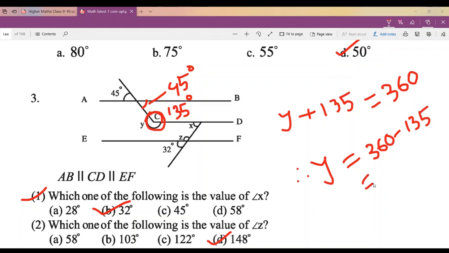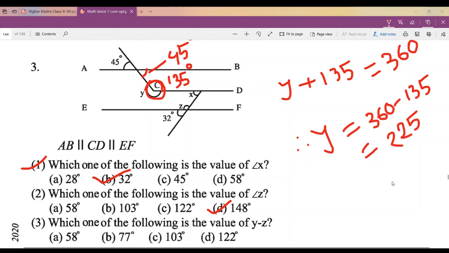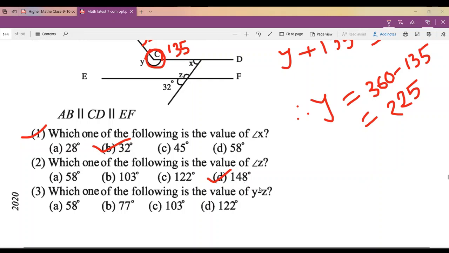Then you get 225. So the value of Y is 225 and the value of Z is known. Now you have to find the value of Y minus Z.